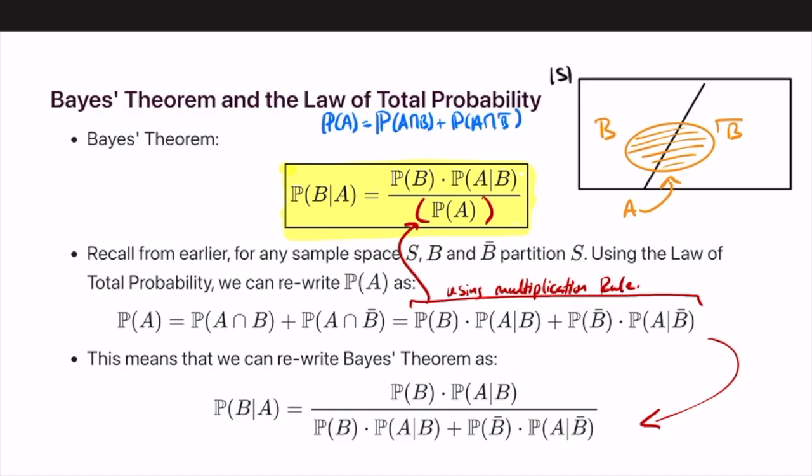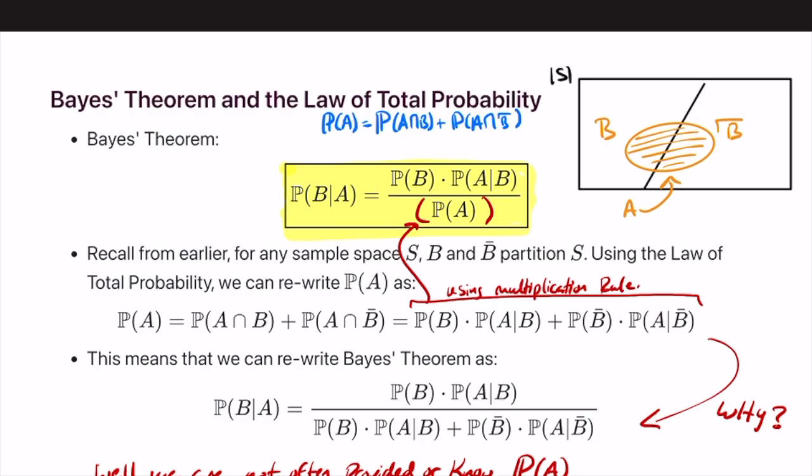So why is that useful? Well, we are not often provided or know, and this is not just in probability problems, but also in real life problems, the probability of A. So we need some way to sneak up on it and calculate it.